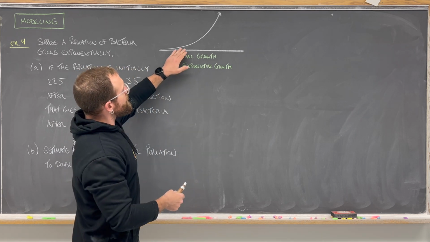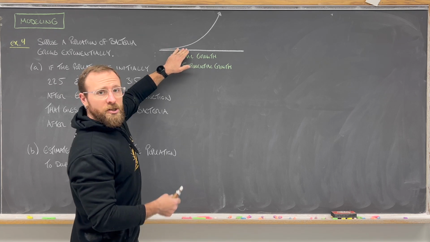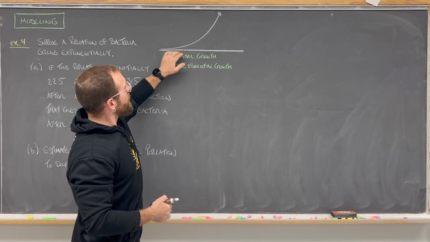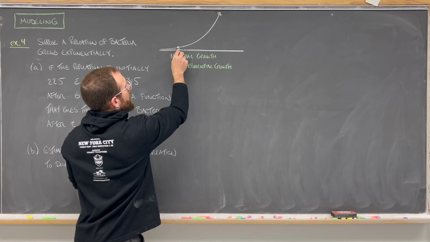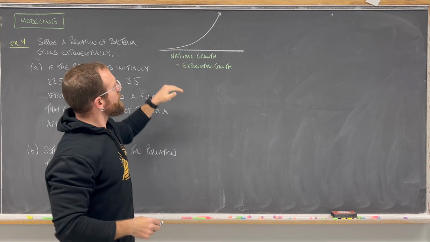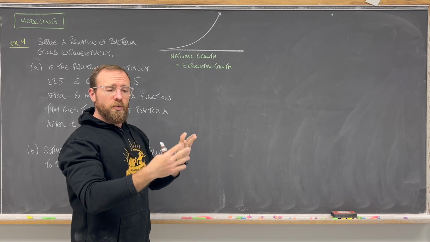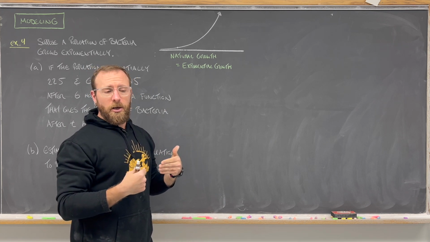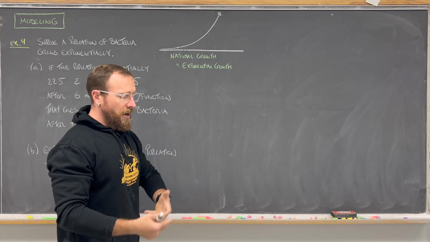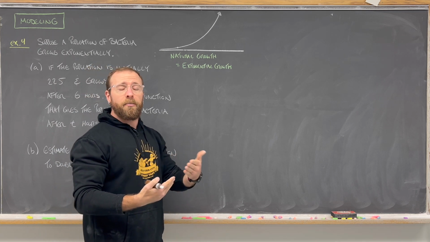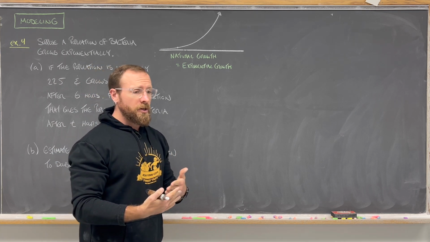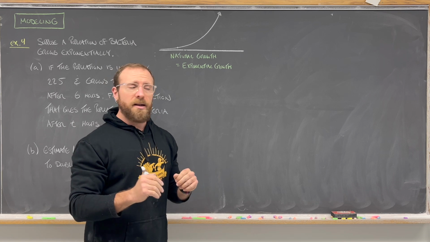When a population is small, and I'm just showing a population graph right now, meaning the height of the graph is not very large, the population will grow at a modest rate.